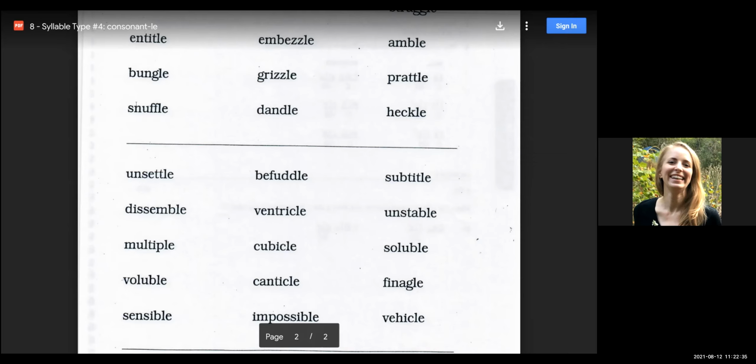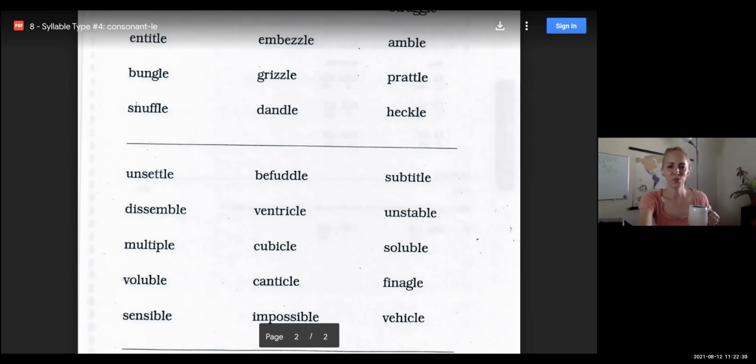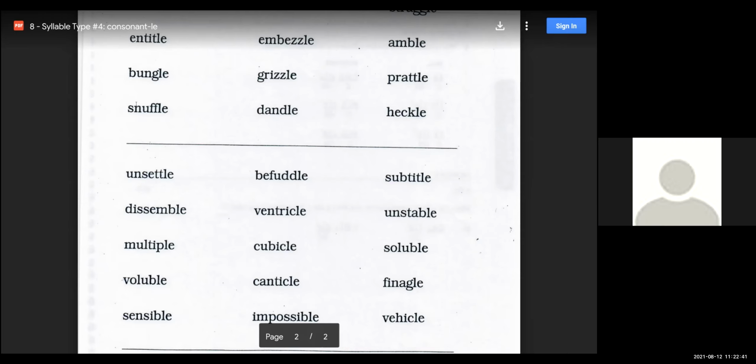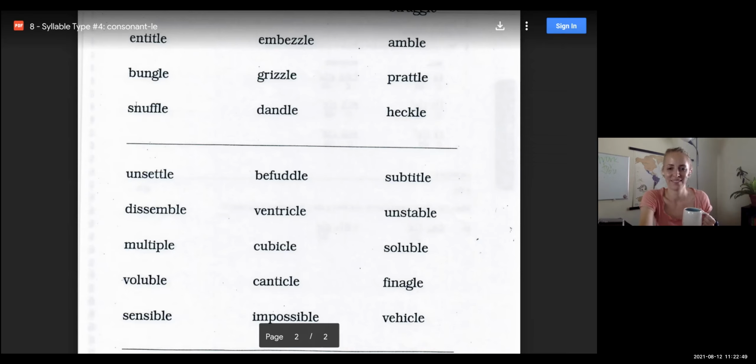Yeah, great job. Those last three, my goodness: soluble, finagle. Some people say finagle. I think both are okay. And vehicle.